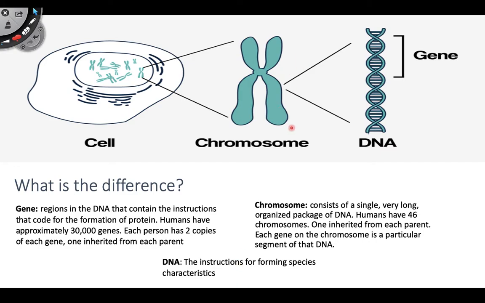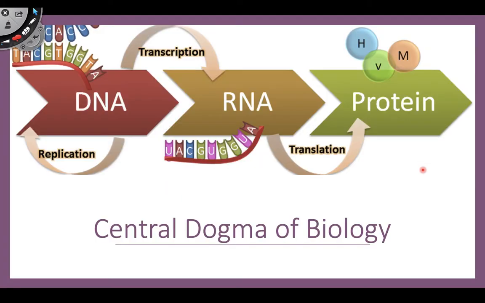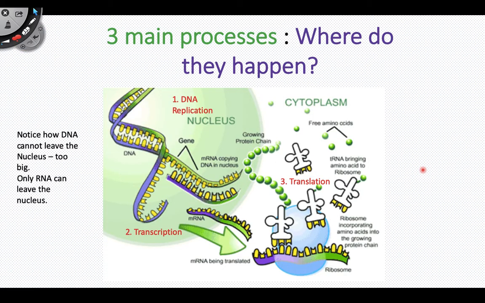Okay, so now that we have the vocabulary all sorted out, let's move on. So you've seen this slide before. These are the 3 main processes that occur in molecular biology. The first process we've already looked at, which is DNA replication that happens in the nucleus. And today we're going to focus on transcription, which is the making of RNA inside the nucleus by DNA.